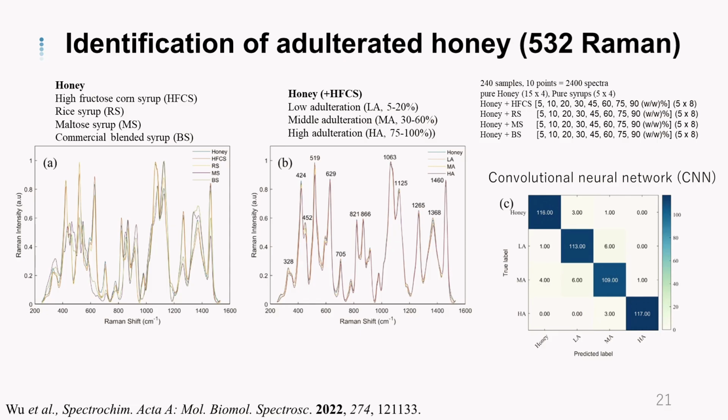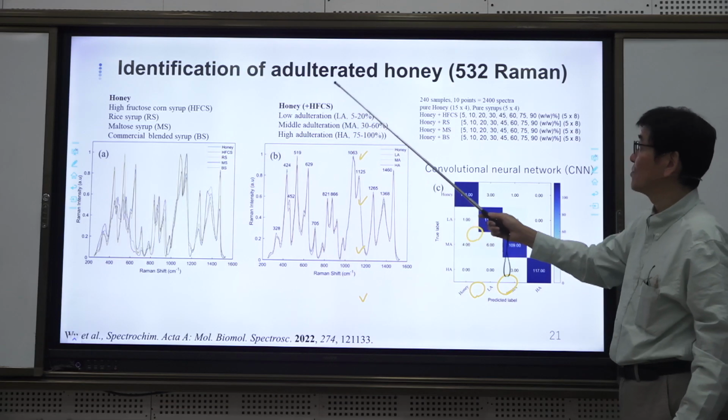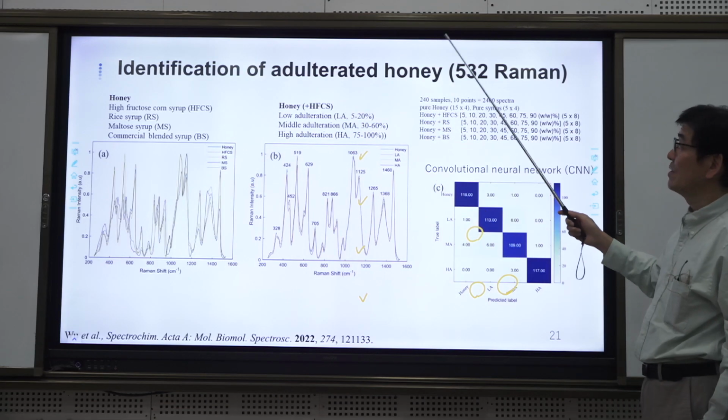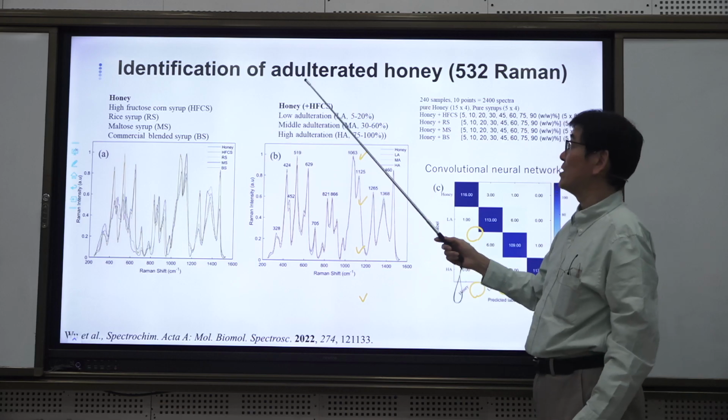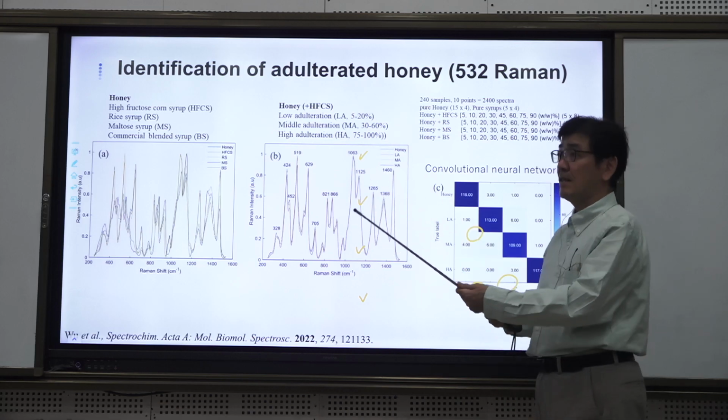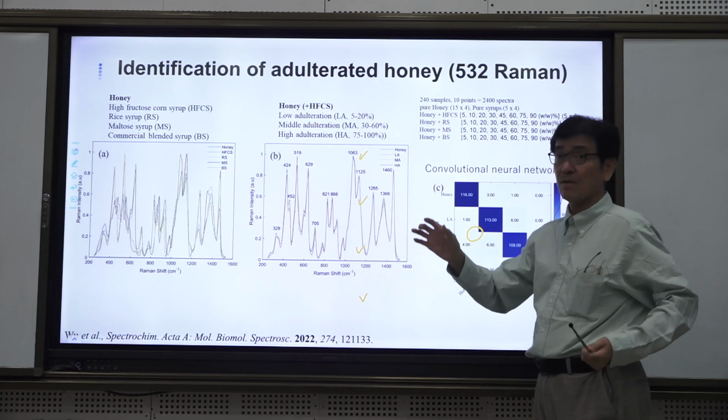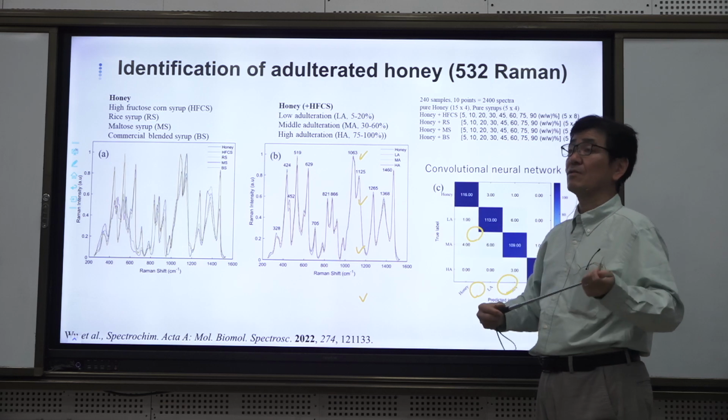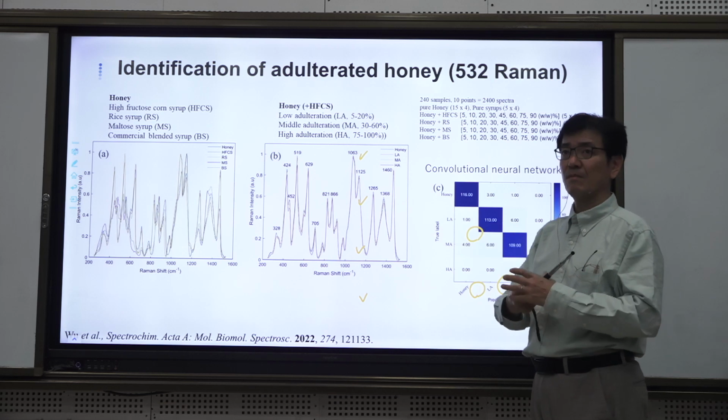Also, recently, many papers are published on machine learning or some computational data analysis procedure. So they analyze the adulteration of honey. Adulteration means honey is a natural product, but it's not an industrial product.